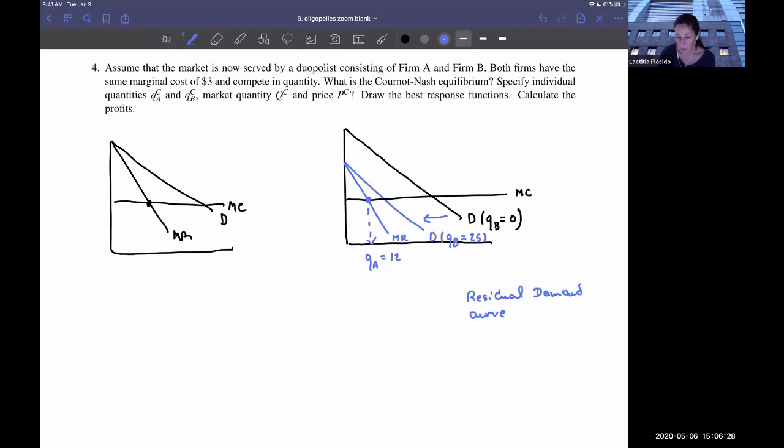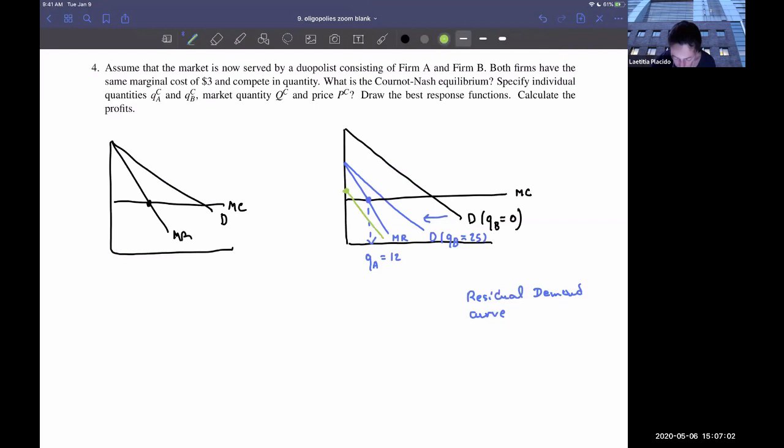So firm A determined its optimal quantity given its belief about what will be the production from firm B. Okay, so here I have drawn the case in which firm B is producing 25 units, but you can draw all the cases. You can say, well, I believe that firm B is going to produce 50 units. So in that case, I'm going to shift the original demand curve by 50.